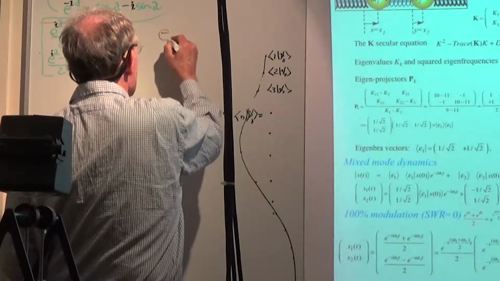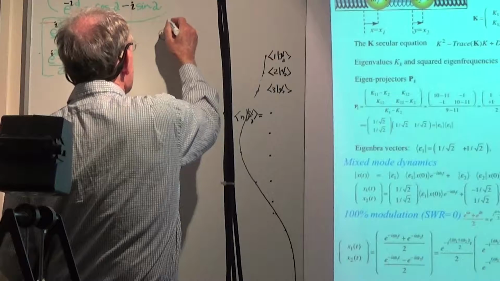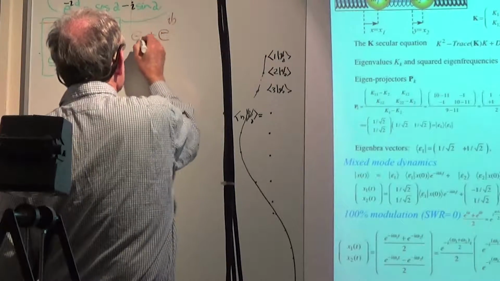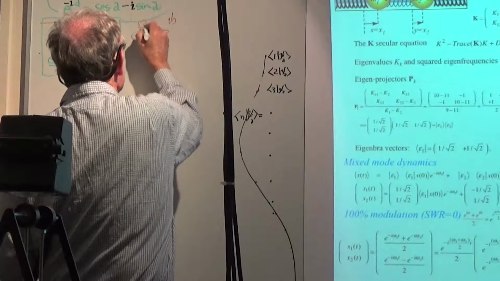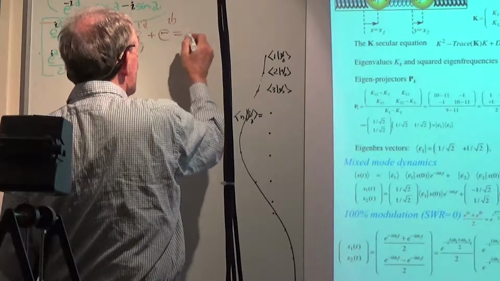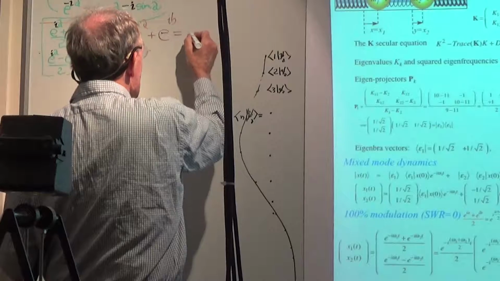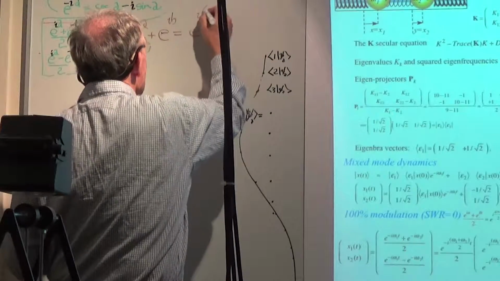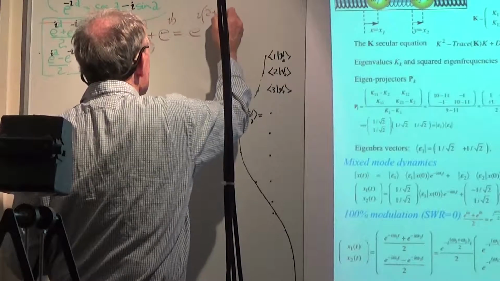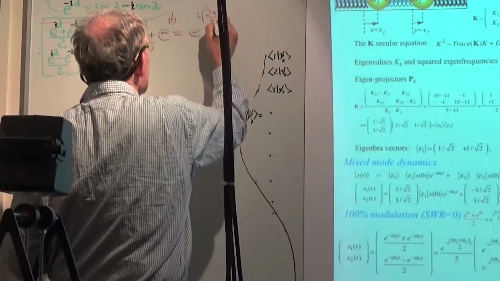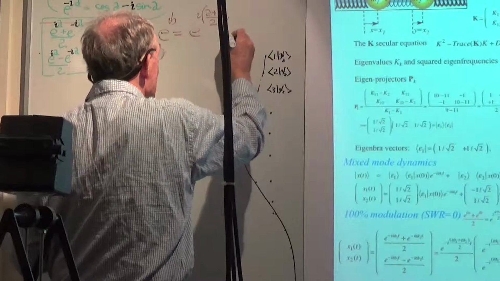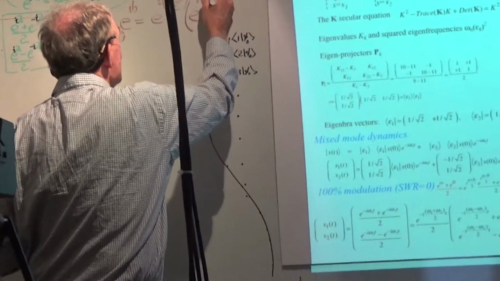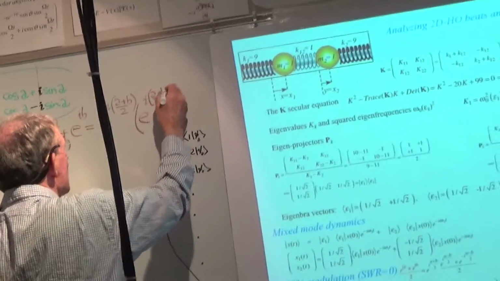I used it in the lecture the other day. e to the i b added to e to the i a is going to be factored into e to the i (a plus b) over 2 multiplying e to the i (a minus b) over 2.